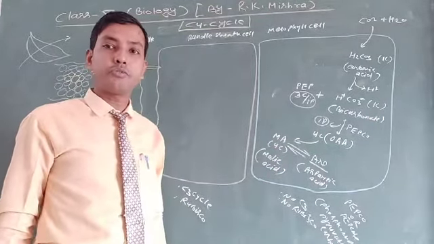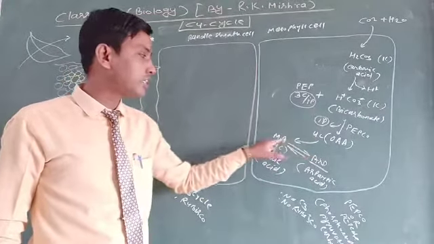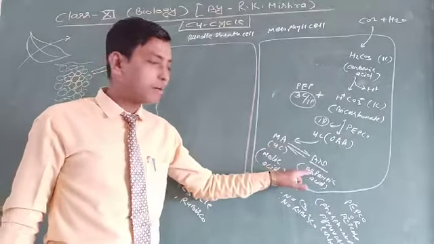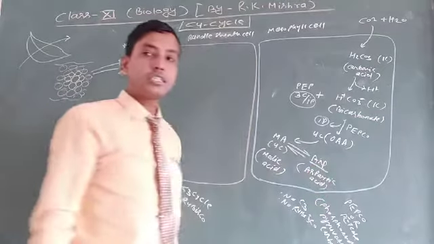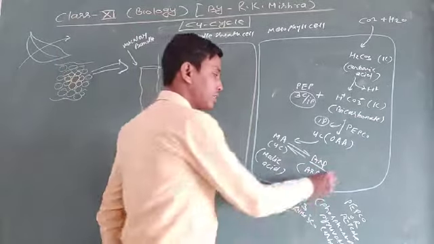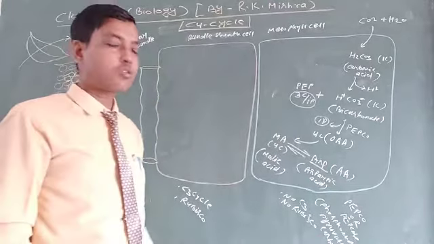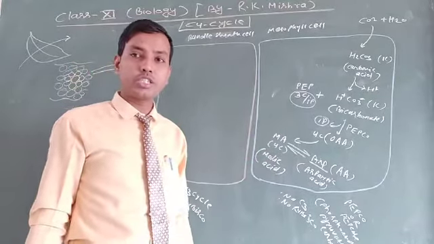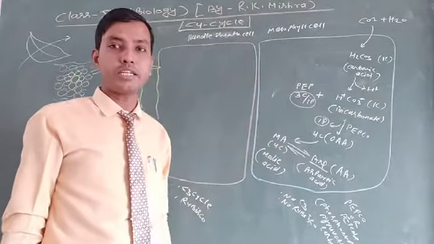Oxaloacetic acid is also a 4 carbon compound. So the 4 carbon compound oxaloacetic acid converts itself into malic acid, and this malic acid for a certain period of time converts into aspartic acid, ASP. It is a type of amino acid. This is also a 4 carbon compound. So after oxaloacetic acid there is no change in carbon number in malic acid as well as aspartic acid.